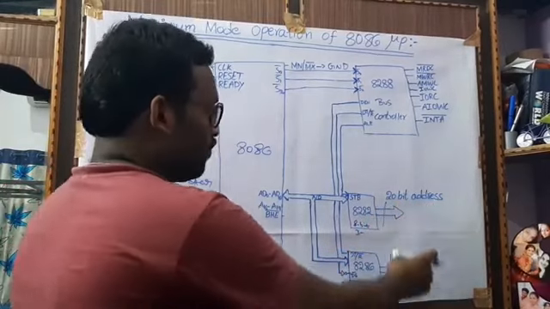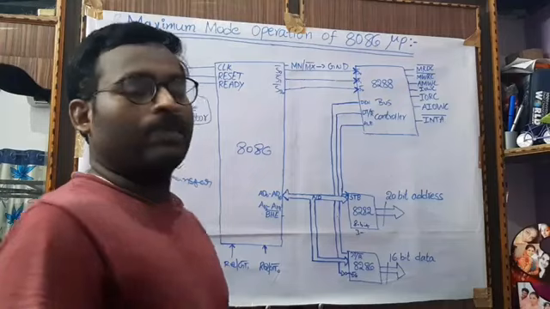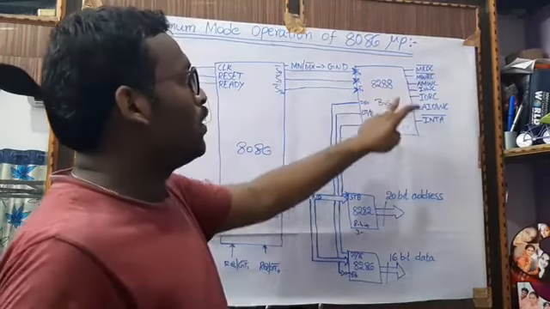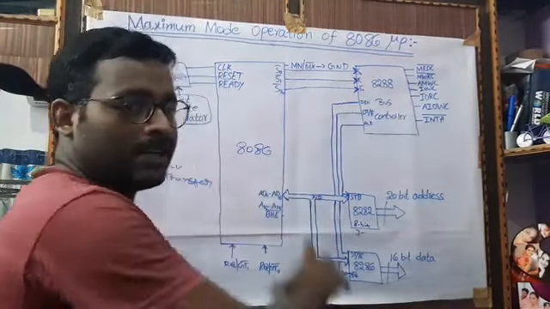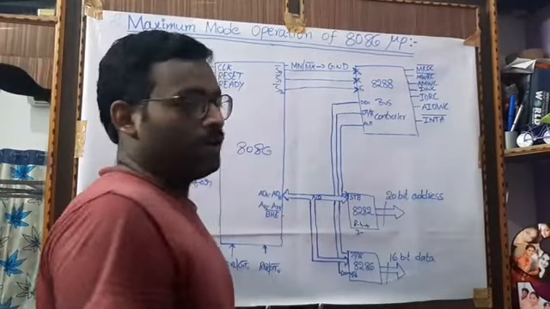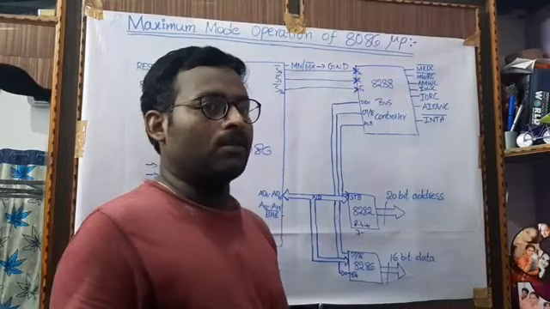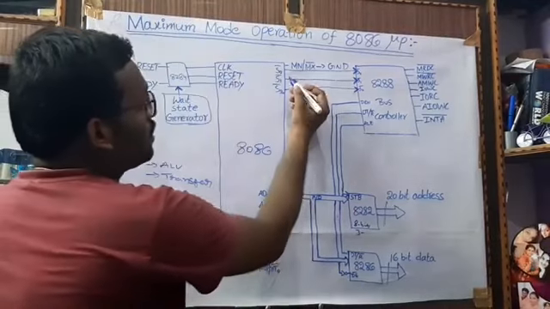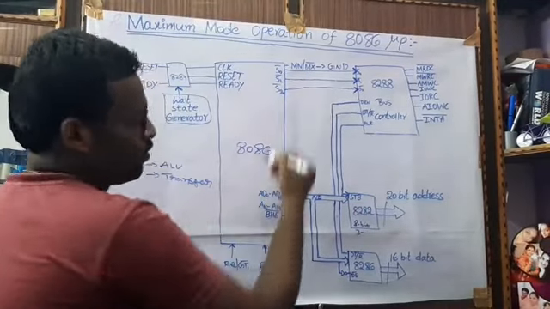The next component is the 8288 bus controller. The entire microprocessor control is in this 8288 bus controller. These are the status lines S0, S1, S2.